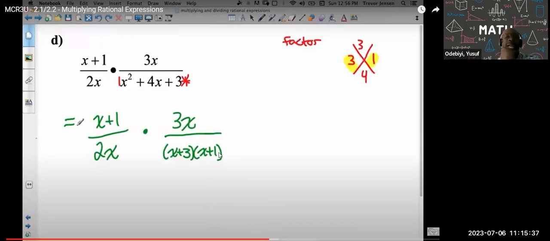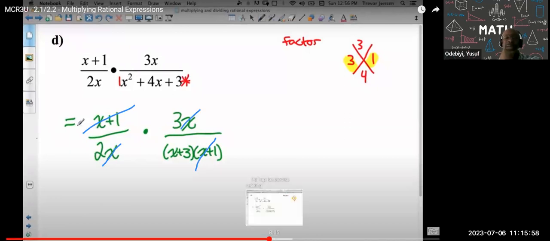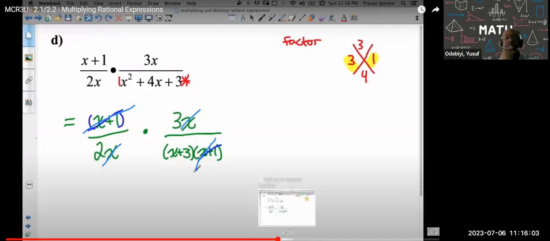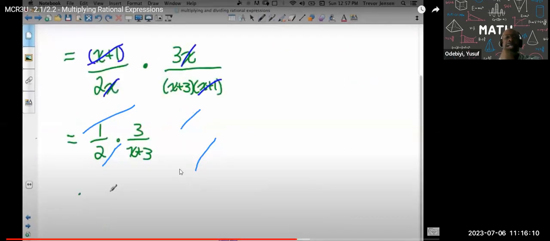Okay, so I can cancel out the x plus 1, and I can cancel out this x because I have x up there. So I'm left with 3 over 2 times x plus 1. That's what I should have. Okay. There you go.